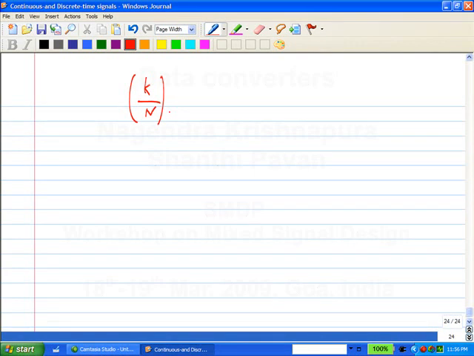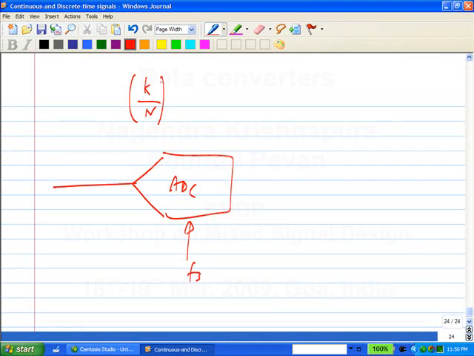If the A to D is operating with a frequency fs, and you want to choose some k by n, what will be the frequency of this sinusoid? K by n times fs. On the discrete frequency axis, it is k by n. Okay, it is normalized to fs.